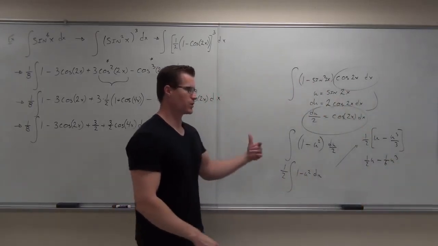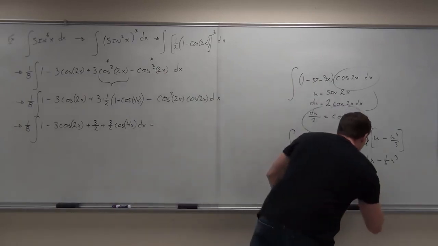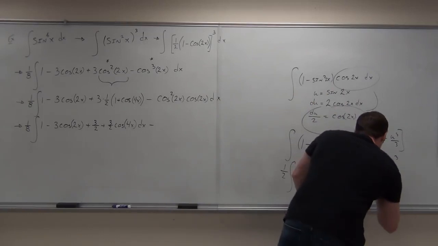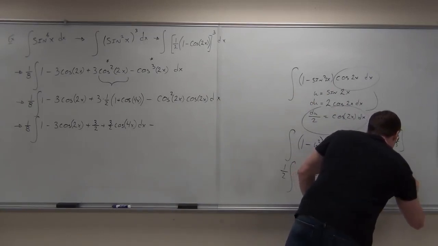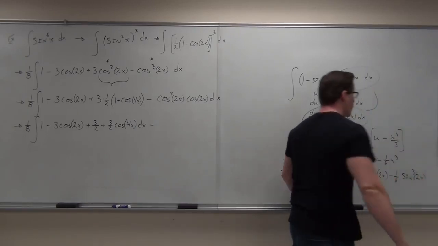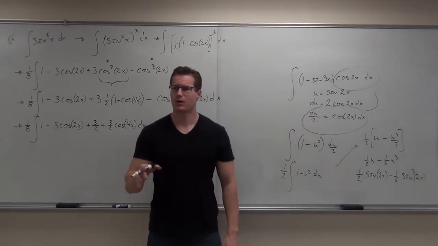And lastly, we do our substitution back in. We'd have 1/2, what was our substitution anyway? Sine 2x, minus 1/6 sine cubed 2x.